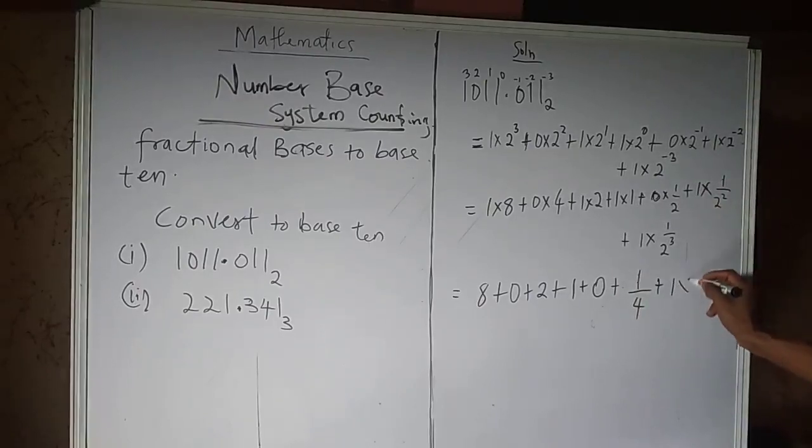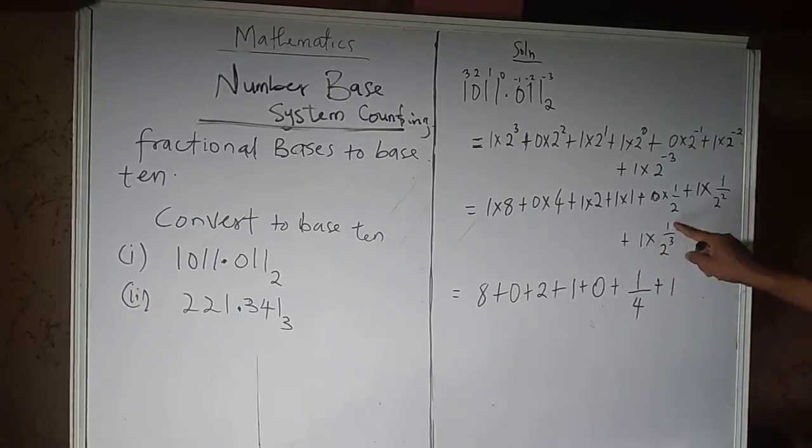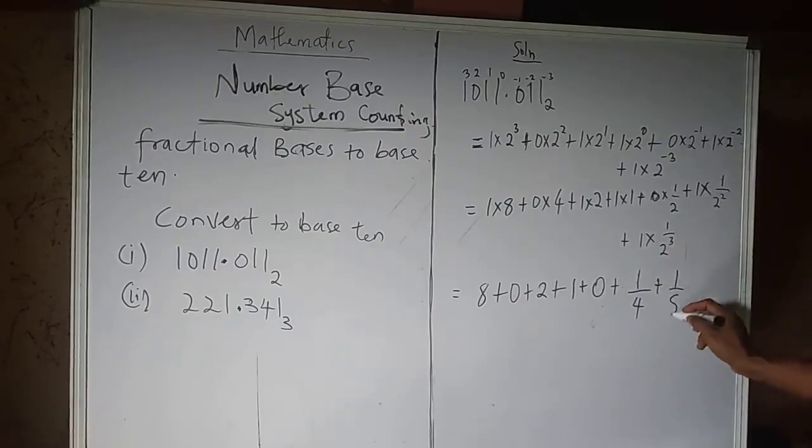Then plus 1 times 1 over 2 raised to the power of 3, and 2 raised to the power of 3 is 8, so this becomes 1 over 8.